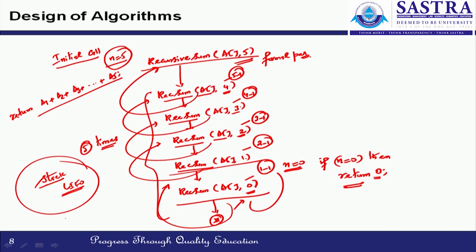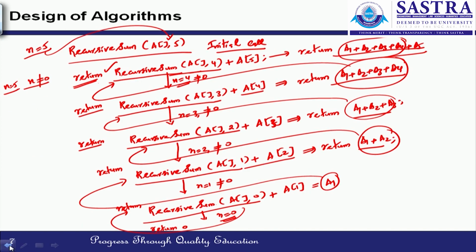Similarly, when n becomes n, then the expression to be evaluated is a1 plus a2 plus a3 plus etc. an. The sum of the first n elements stored in an array is computed and the value is returned to the calling place.